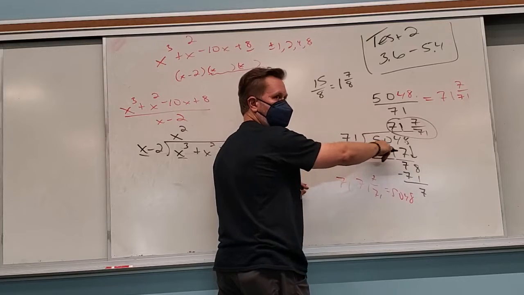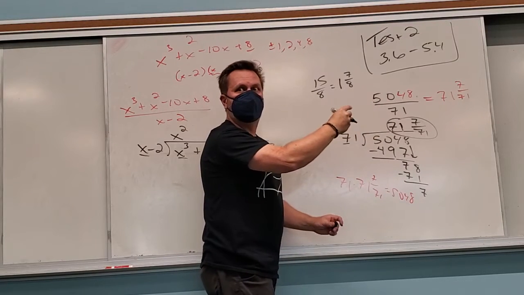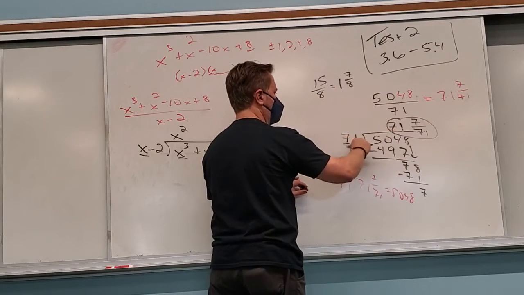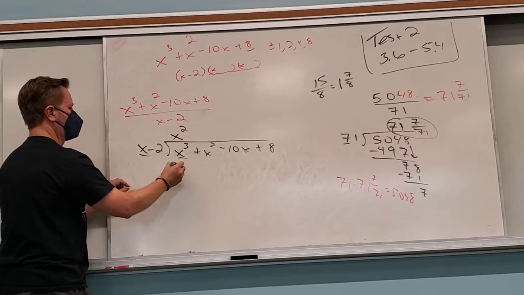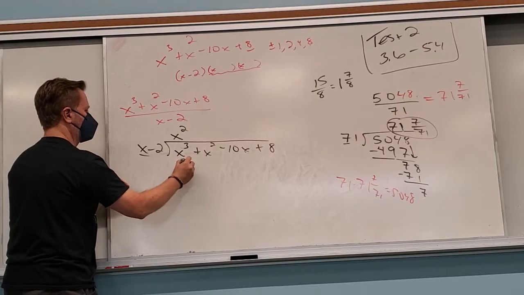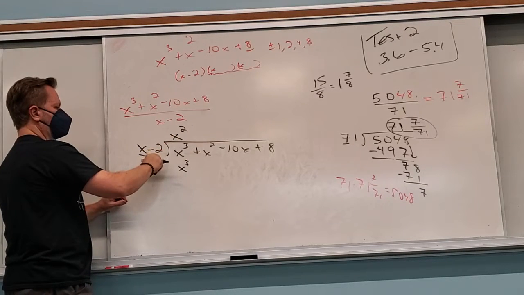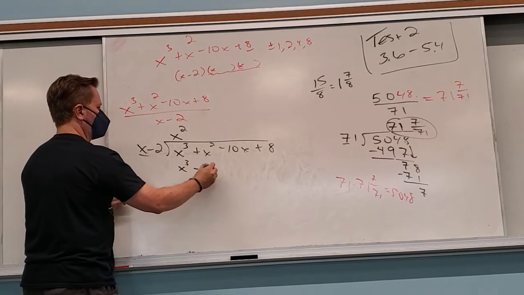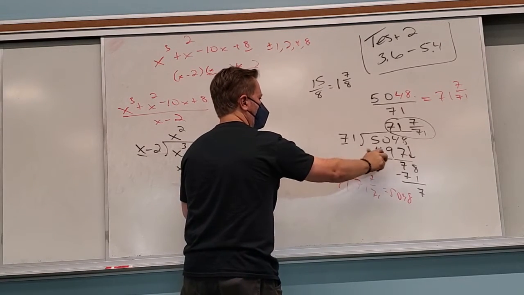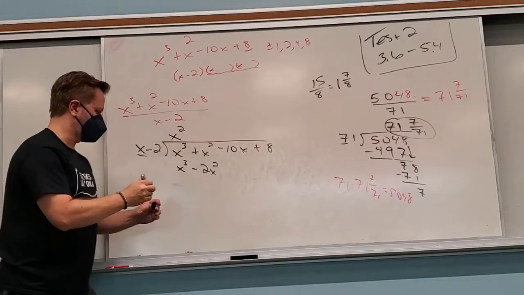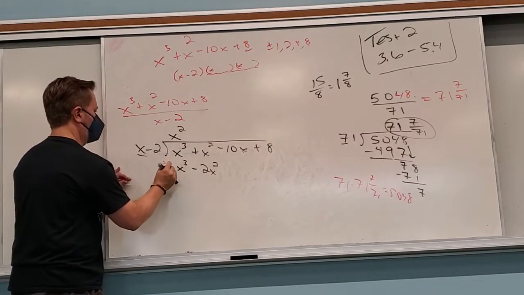Then we multiplied that times this, and we put it there, yes? So what is x squared times x? X cubed. And what is x squared times negative 2? Negative 2x squared. And then what did we do? Change the sign, right? Change the sign.